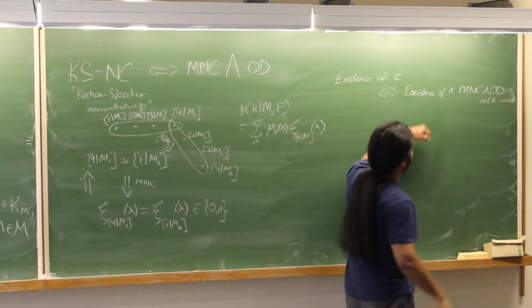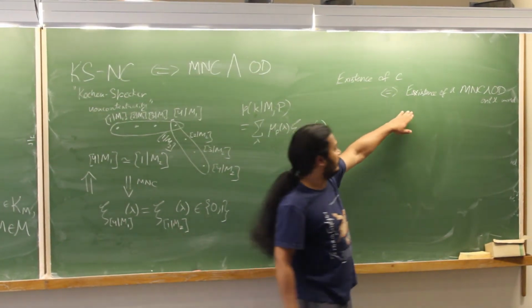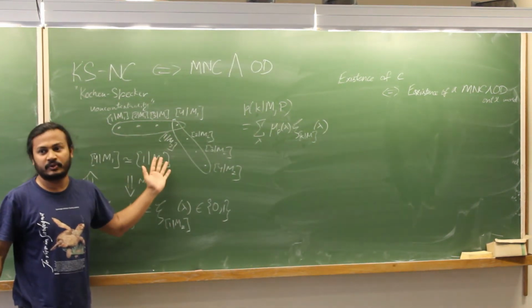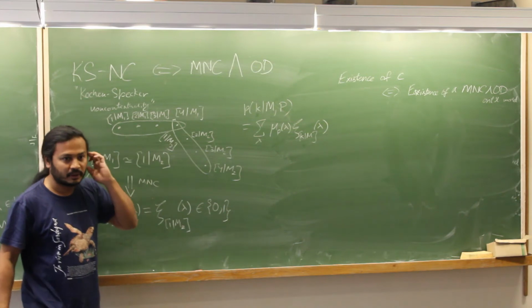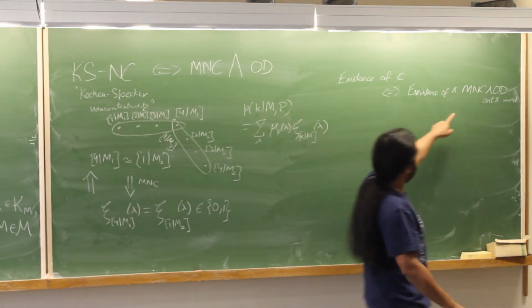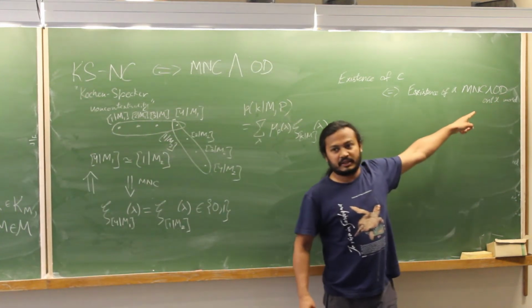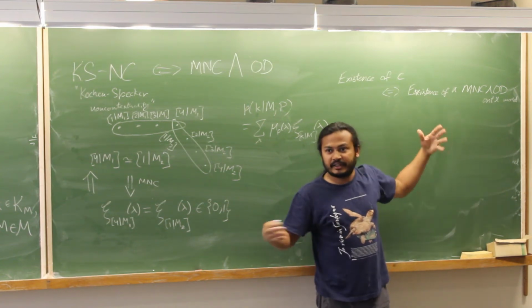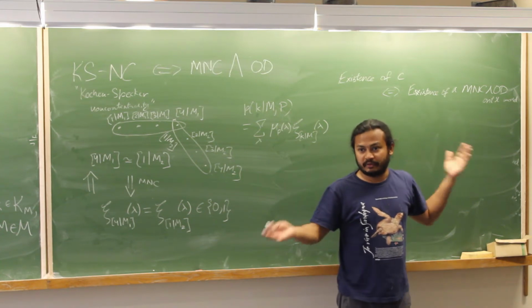And remember, this had the flavor of logical contradiction, right? It was impossible to assign these values. So these two assumptions lead to a logical contradiction: measurement non-contextual and outcome determinism. If you want to relieve that logical contradiction, you can give up either one of them.